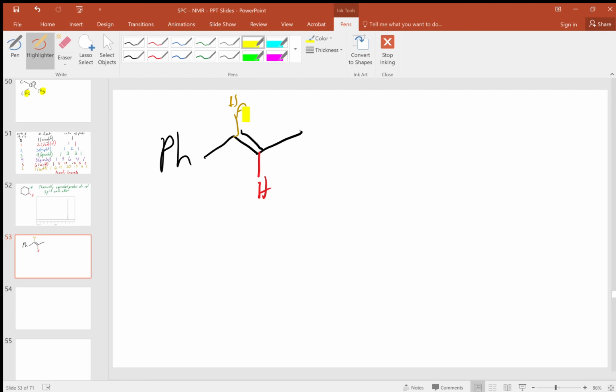Remember we talked about our 3-bond rule for determining that. On the other side, we have 3 hydrogens, which we're going to call HB. So our hydrogen that we're looking at here is adjacent to 4 other hydrogens, but it's not going to be a quintet.